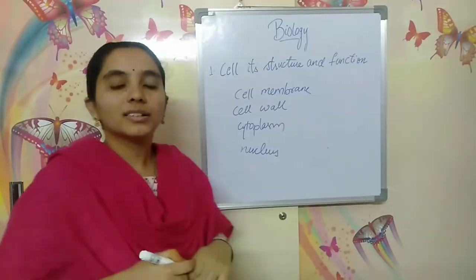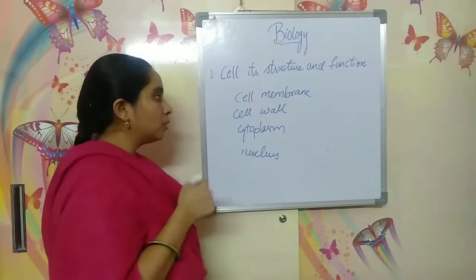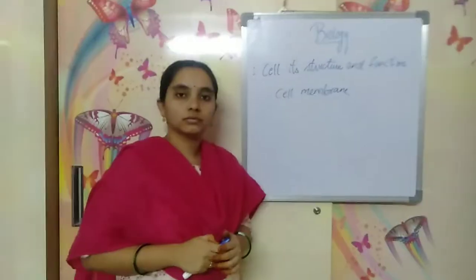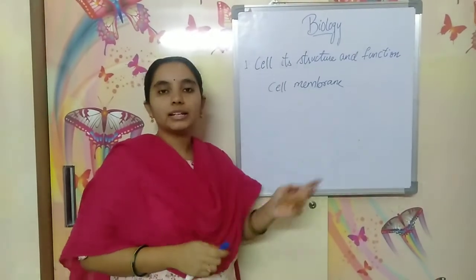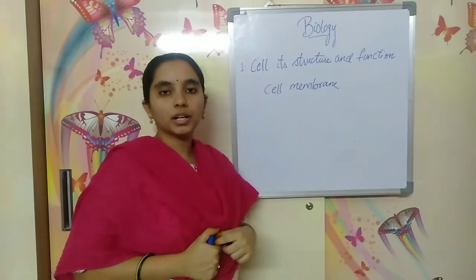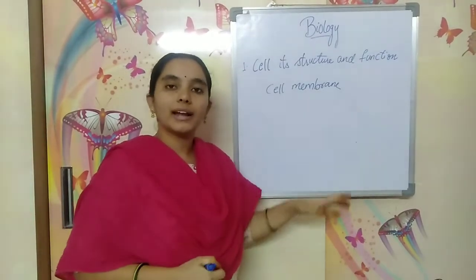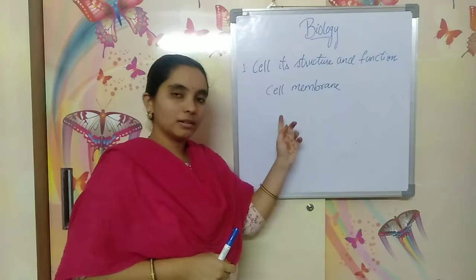In this session, let us do two topics, that is cell membrane and cell wall. Cell membrane is the structure that is common in both plant and animal cells. Both plant cell and animal cell have the cell membrane.